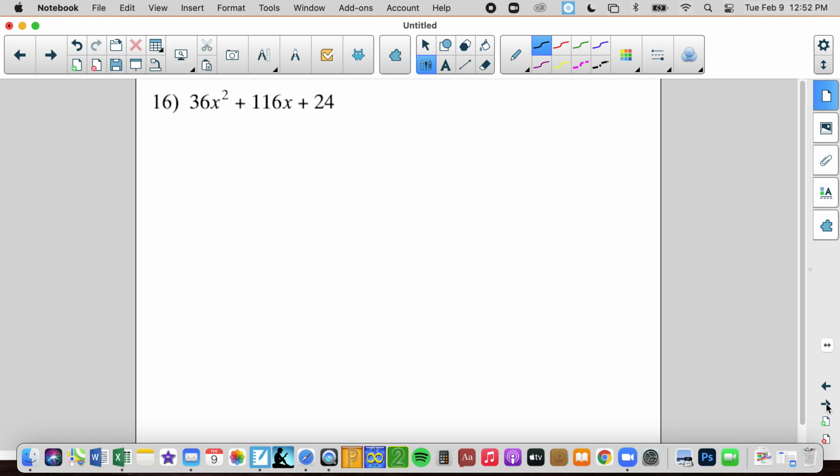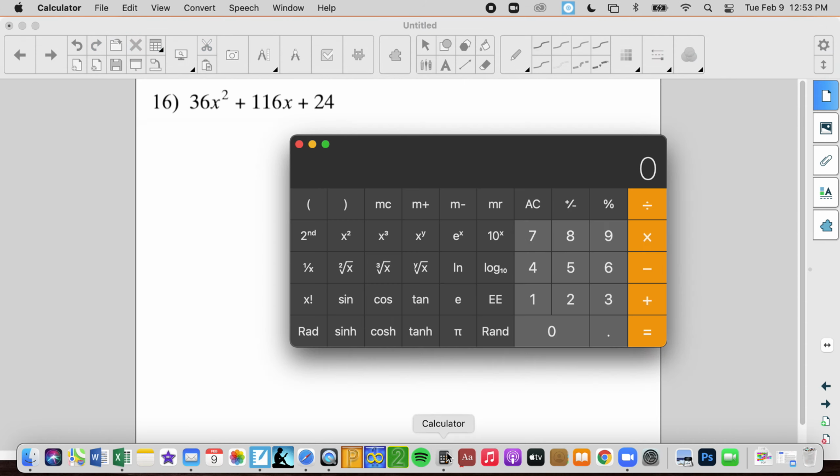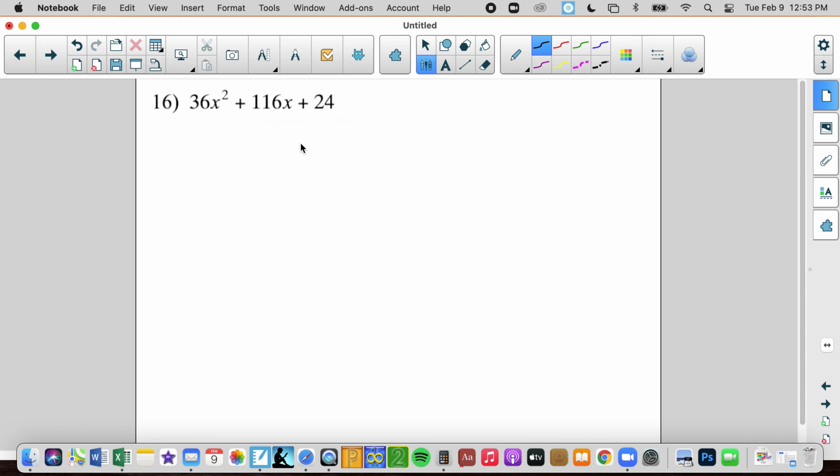Couple more, 3 more. Here we go. 36, 116, 24. Let's see if 6 goes into that. 116 divided by 6, no. So I'm going to do 4. I know 4 goes into it. 6, 7, 8, not 9. Good. So I'm going to factor out a 4.